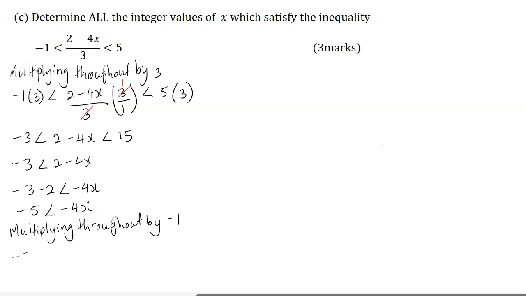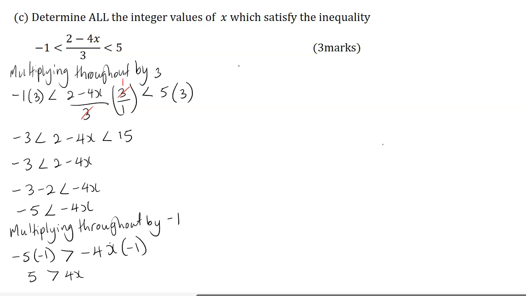So this is minus 5 multiplied by minus 1. And when we multiply throughout by minus 1, it reverses the inequality sign. So this becomes greater than minus 4x multiplied here by minus 1. So minus and a minus is a plus. So this is 5 is greater than minus and a minus is a plus. So this here is 4x.